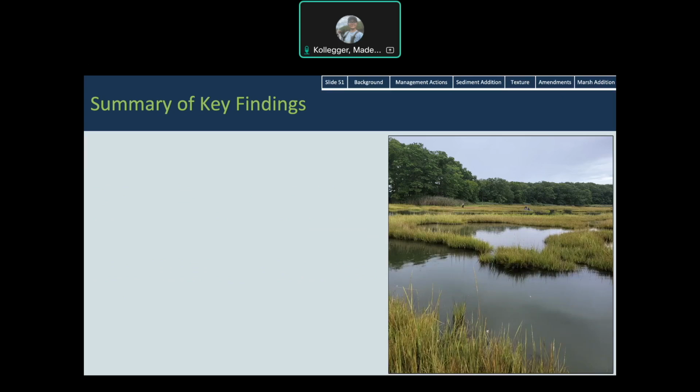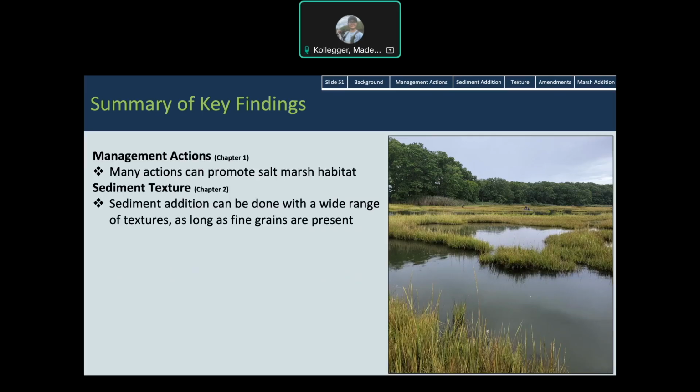And so if we step back and think about the key findings from all of my dissertation chapters, in the first chapter, we identified that many actions can promote salt marsh habitat, and that's supported by scientific evidence. In my second chapter, we found that sedimentation can be done with a wide range of textures as long as fine grains are present. In my third chapter, we identified recycled concrete as a potential amendment for acid sulfate soils.